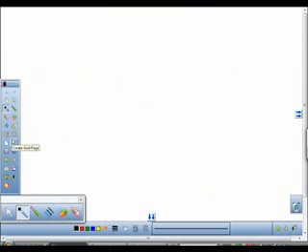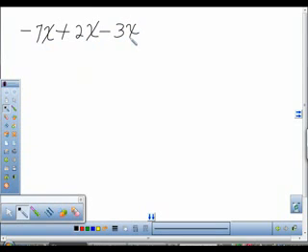This particular problem says I've got a negative 7x, I've got a plus 2x, I've got a minus 3x, I've got a plus 3, a minus 20, and it's all equal to a lonely negative 3.